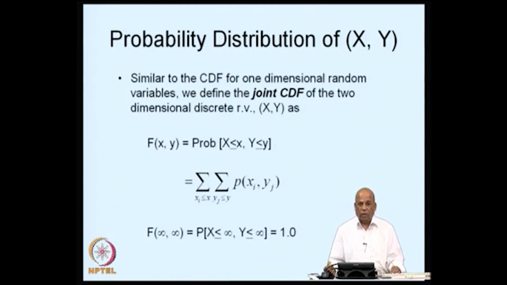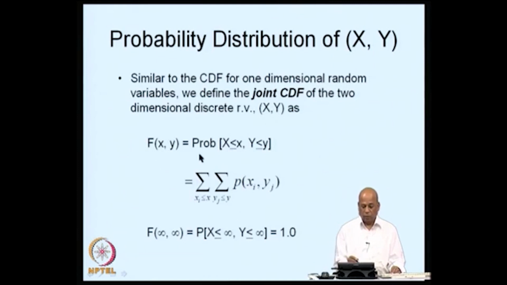Then we define the cumulative distribution function F(x, y) as the probability that X is less than or equal to this given value of x and Y is less than or equal to this given value of y. With the summation notation, we sum over all those possible values of x_i which are less than or equal to this given value of x, and all possible values of y_j which are less than or equal to this given y, the probabilities p(x_i, y_j).